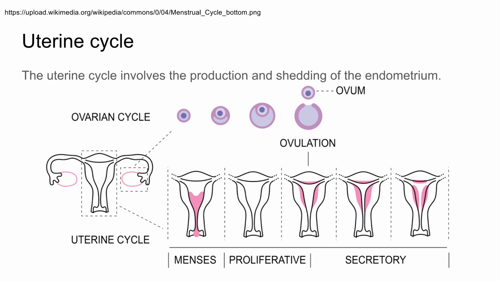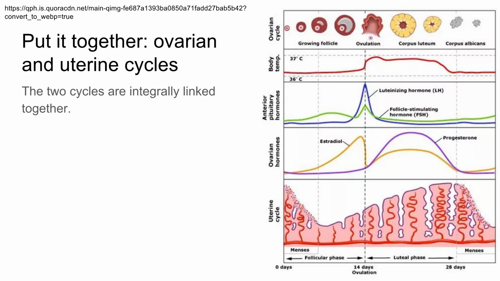So how do we put this together? With hormones, unfortunately. What we can do is look at the ovarian cycle and the uterine cycle, and they match. Menses turns out to correlate with the corpus albicans, the scar being there, or the start of the ovarian cycle.